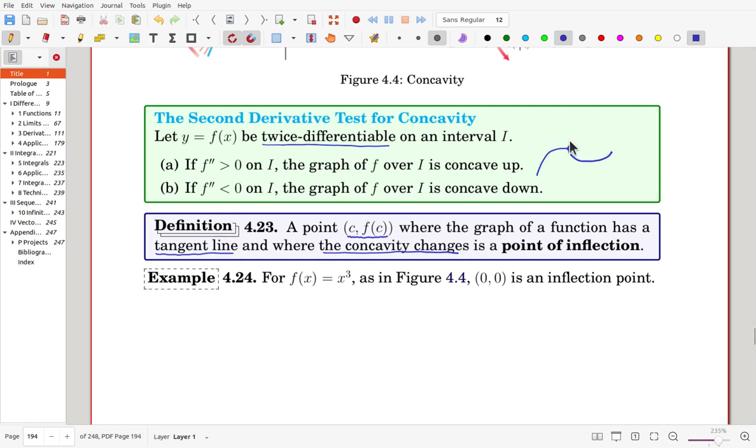But at the point there's no tangent line because no derivative is defined, so you cannot find the tangent line. So the point is not an inflection point. So these two conditions are required.